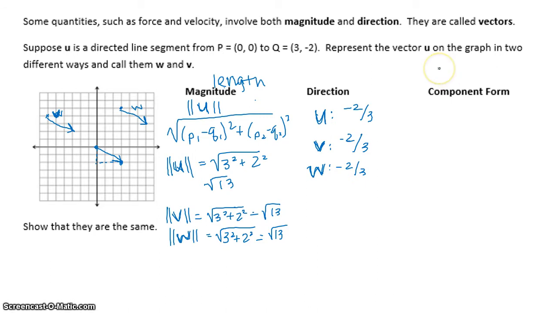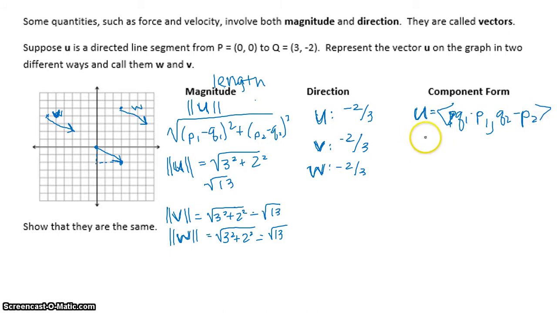The last thing is component form. So for component form, for u, you're going to do q1 minus p1, comma, q2 minus p2.